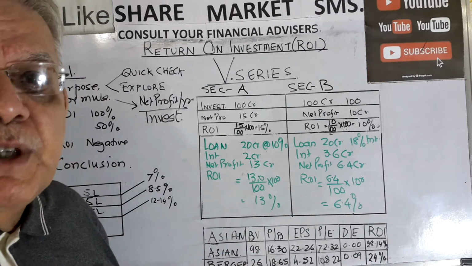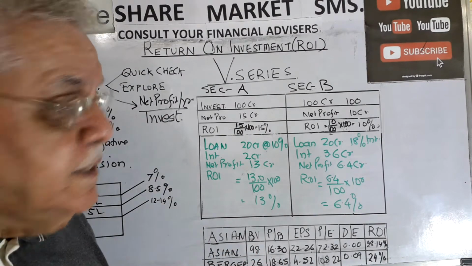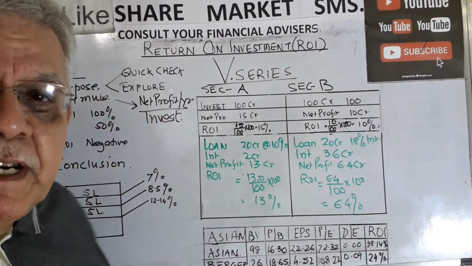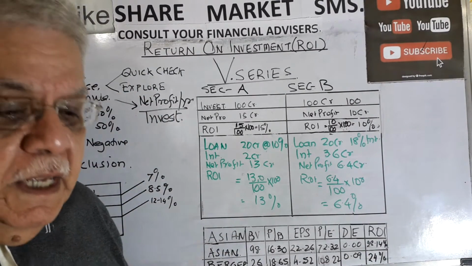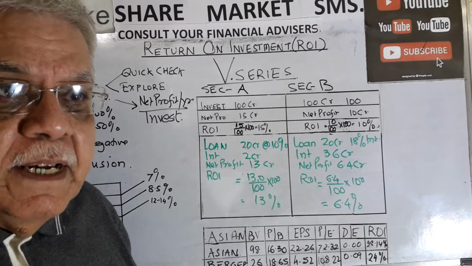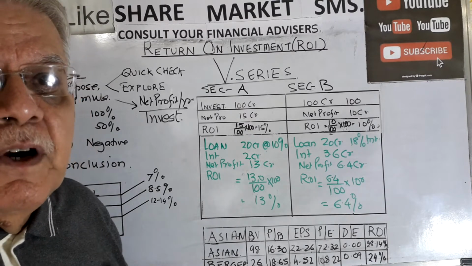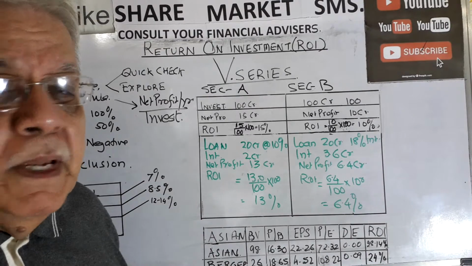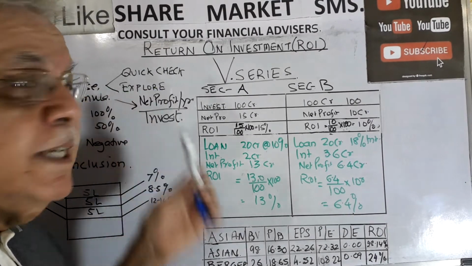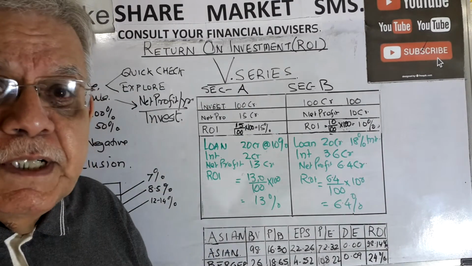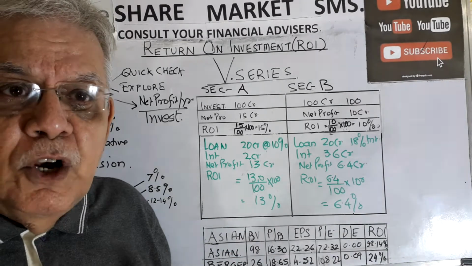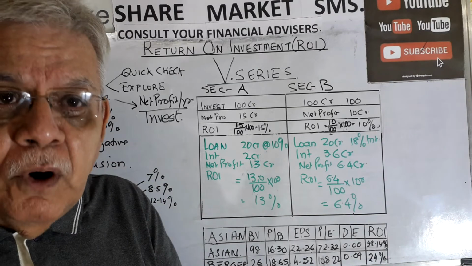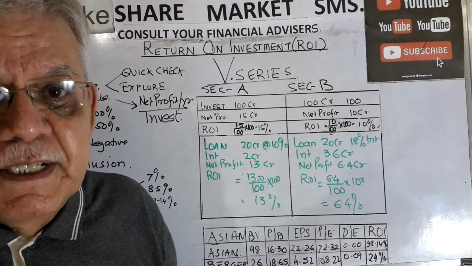Friends, the main purpose of ROI is that it gives a very quick check. Just checking the ROI of a company will give you an idea whether to invest in the company or not within no time. Number two, it gives you an opportunity to make your investment within the same sector or amongst two different sectors.